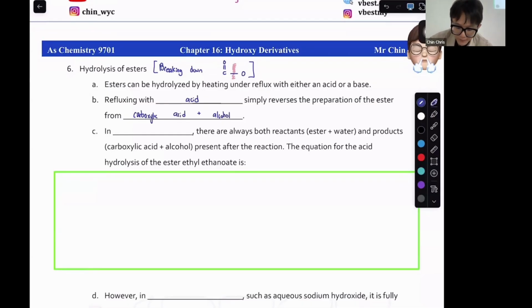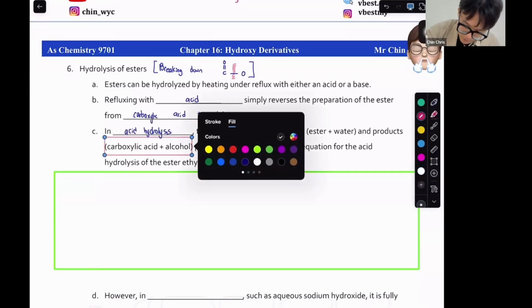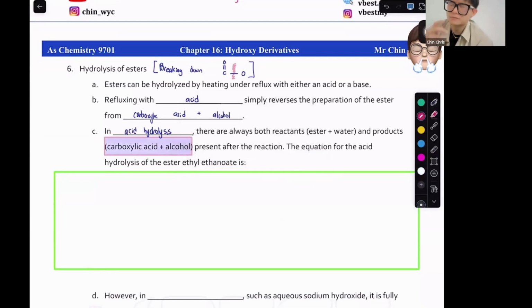So guys, in acid hydrolysis, they are always both reactants. You get ester plus water, then your product is always a carboxylic acid plus alcohol. So acid hydrolysis, you are getting carboxylic acid plus alcohol. That's it.